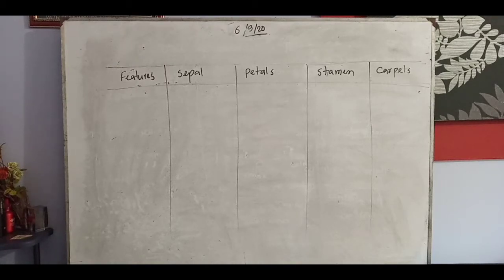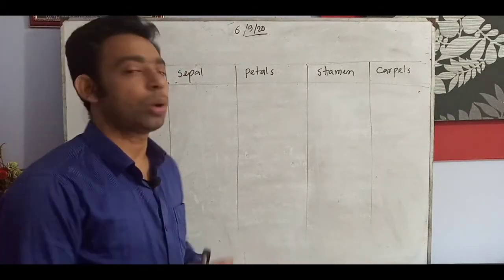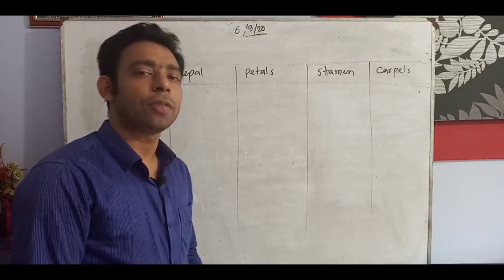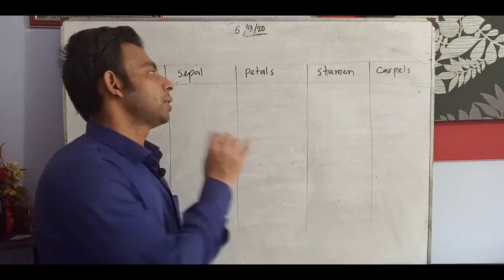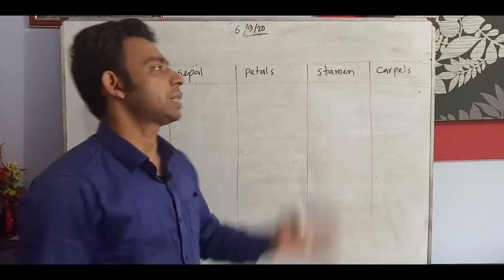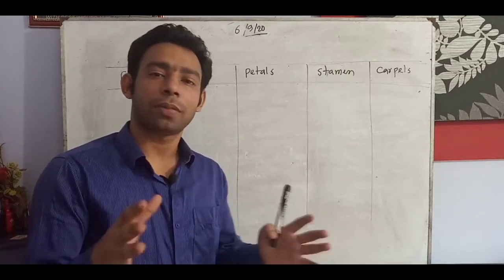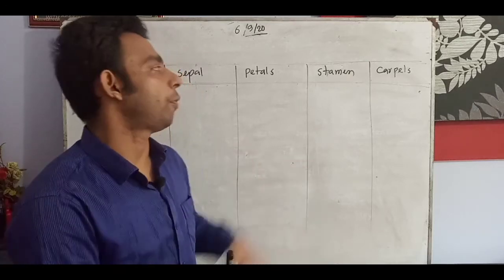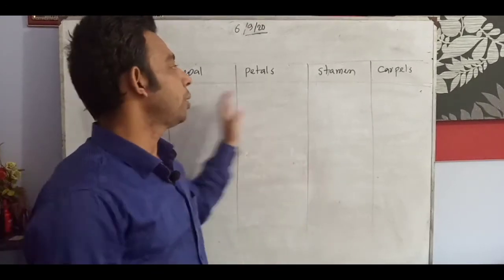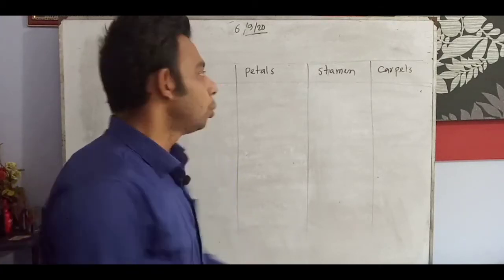Of course I will tell you: these 4, together with the receptacle, are the 5 important parts of a complete flower. If any of the parts is missing, like sepal, petal, stamen, carpels, or receptacle, we cannot say this is a complete flower. A complete flower has 5 distinct parts, but why have we written 4? The receptacle is not counted as a whorl.